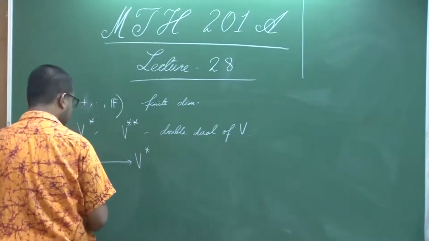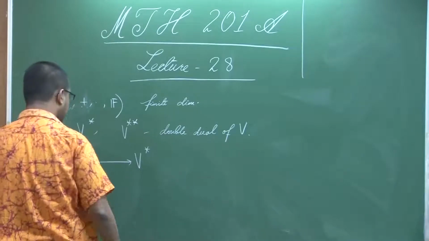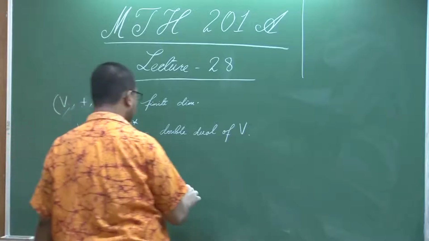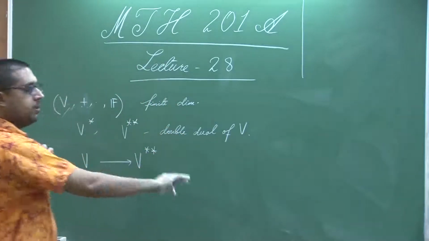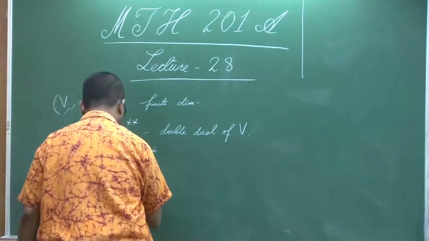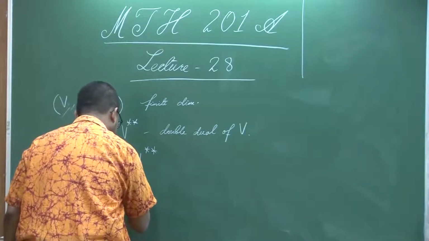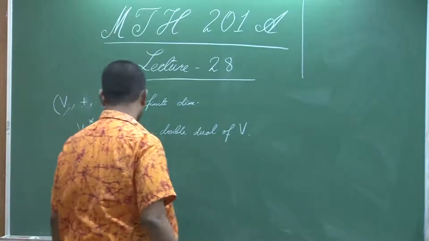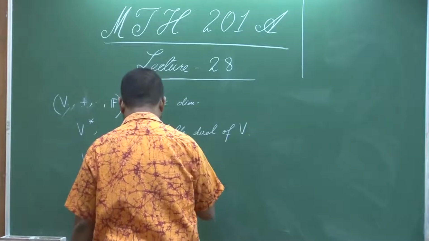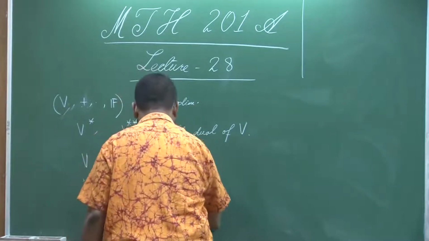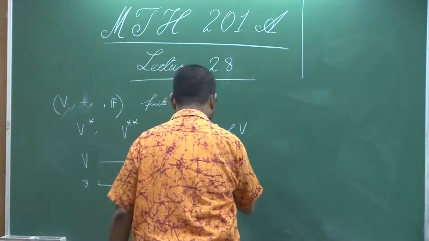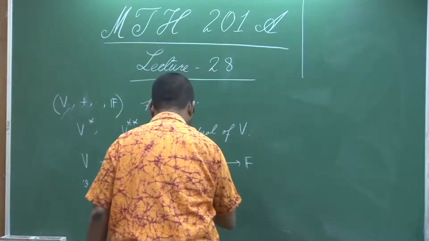What is that? V double dual is the space of all linear functionals on V dual. So, we define a map, let us call it evaluation at v. Evaluation at v is a function from V star to F. How is that defined?